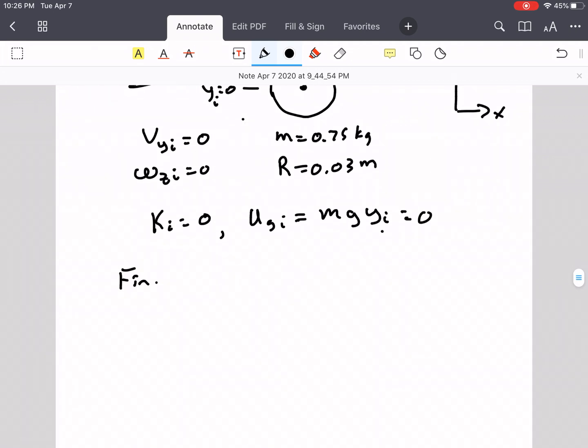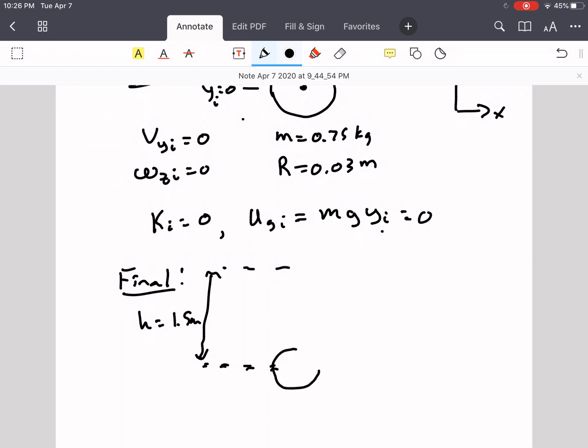My final state is after the yo-yo has fallen by a height h, which is equal to, what did I say, 1.5 meters. So now my yo-yo is falling. It has a velocity downward. This is not a free body diagram. I'm simply drawing the velocity. And it's rotating.